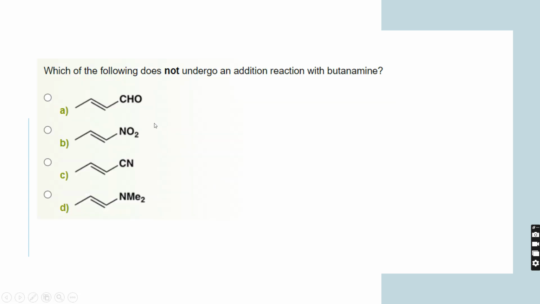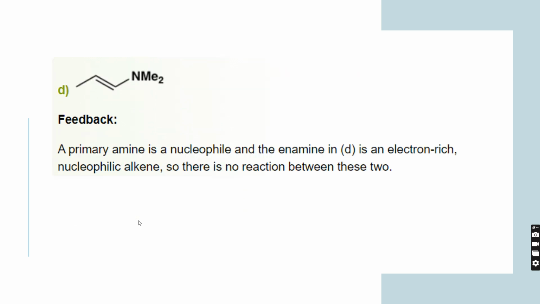And then we again came to the concept of hard hard soft soft, and the alpha beta unsaturated carbon carbon double bond here in option D was not sufficiently electron deficient, so it did not undergo addition with primary amine.